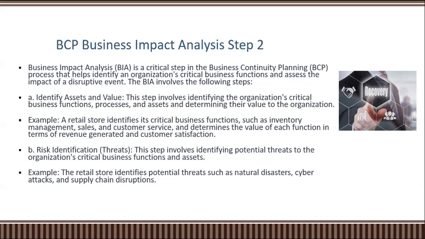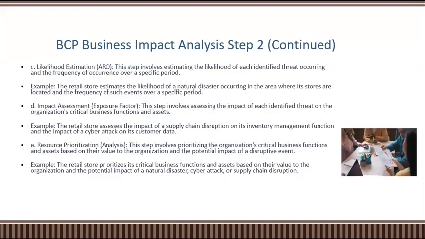Next, risk identification, threats. This step involves identifying potential threats to the organization's critical business functions and assets. Example, the retail store identifies potential threats such as a natural disaster, cyber attack, and supply chain disruptions. Okay, for business impact analysis continued, next we'll look at likelihood estimations, so ARO.